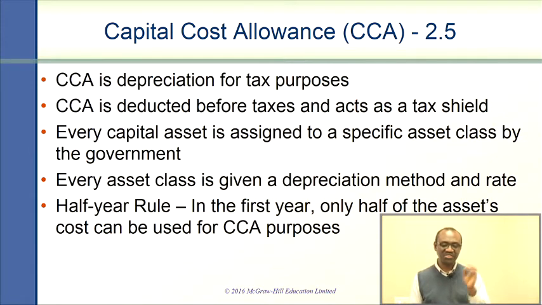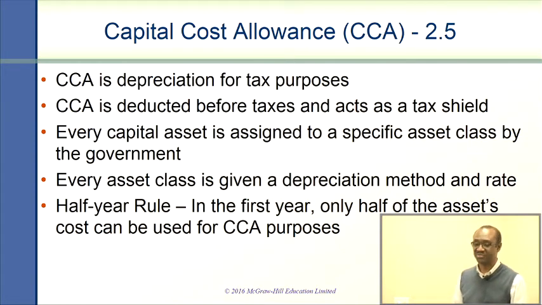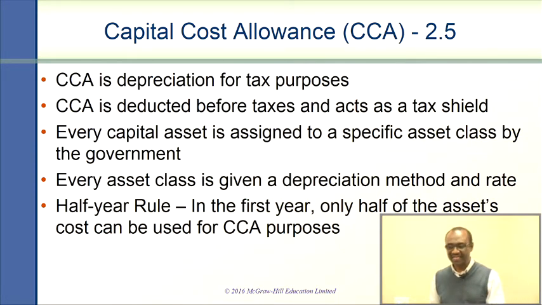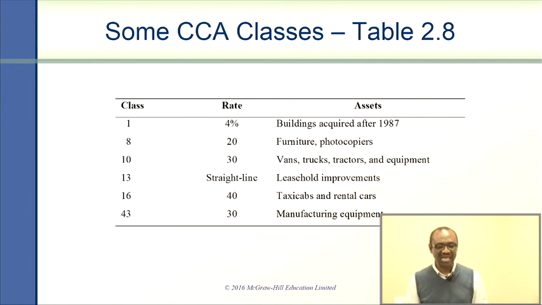Which means in the first year of acquisition, only half of the asset can be used for CCA purposes. So in terms of claiming the allowance, it's half of whatever. For example, if you have 100,000 in assets, only half of that, which means 50,000, will be applicable for capital cost allowance. So what are some of these classes of assets we have?